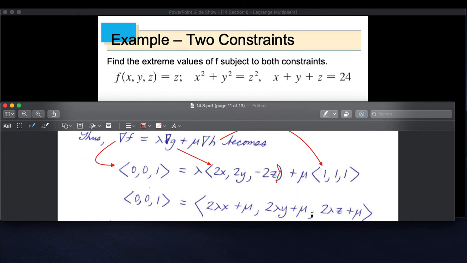I'm going to take the liberty of not only distributing the lambda and the mu, but I'm also going to add up the first component with the first component. So as you can see here, I have 2 lambda x plus mu. And then I'm going to add the second component with the second component. That will give me 2 lambda y plus mu. And then finally, the third component plus the third component gives me 2 lambda z plus mu.